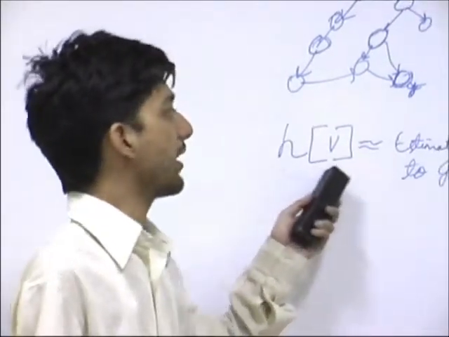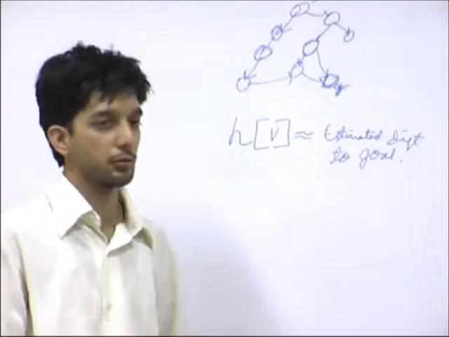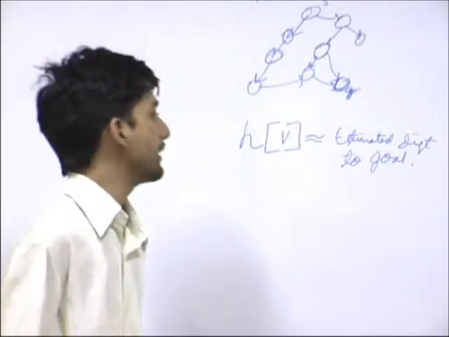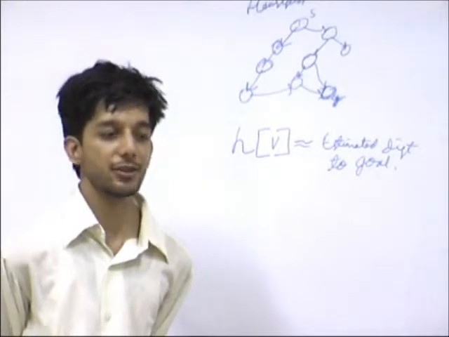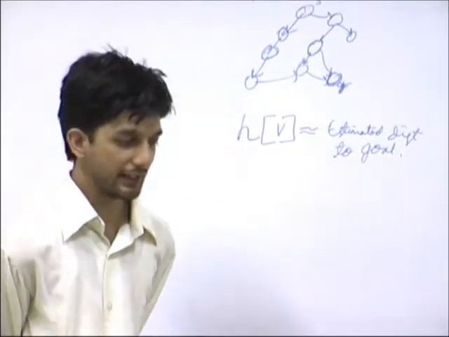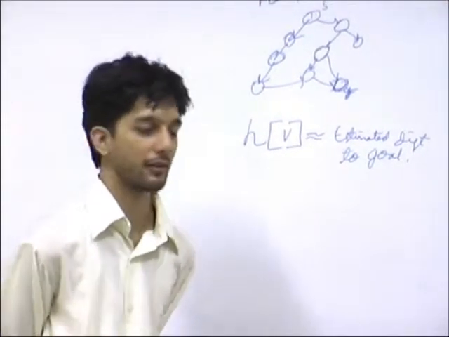My heuristics are the estimated distance that it takes to reach a goal. Now, the intelligence is in how this heuristics is defined. The entire intelligence is in how this heuristics is defined. That is, when given any node, can I try to find out what would be its distance from the goal.